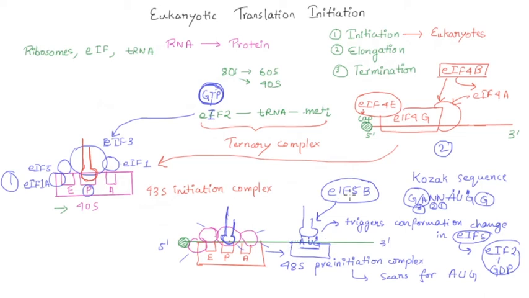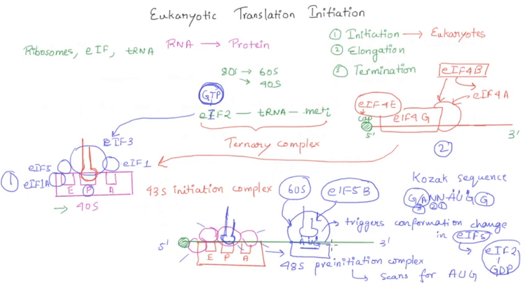Now, EIF5B triggers the release of all the different initiation factors that were previously bound to the smaller subunit. This helps the larger subunit, that is 60S, to come and join the smaller subunit.